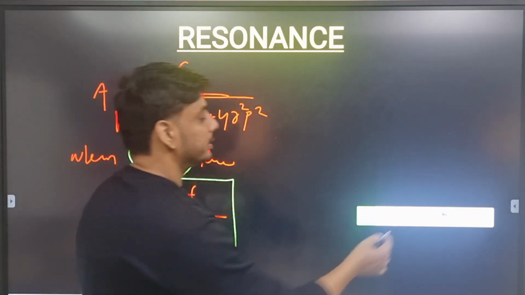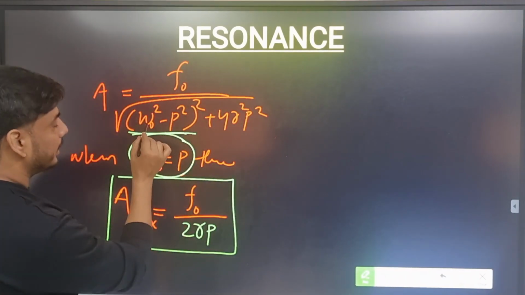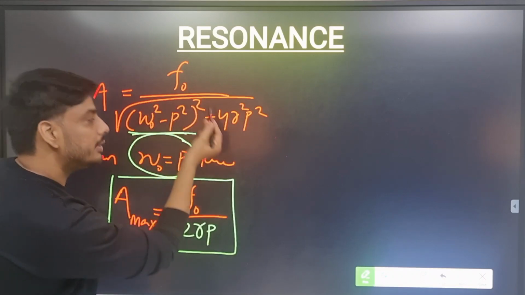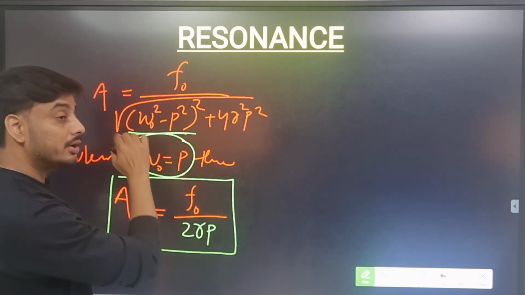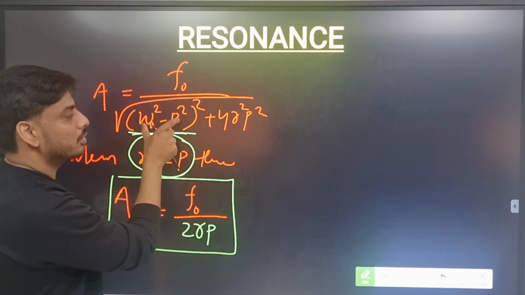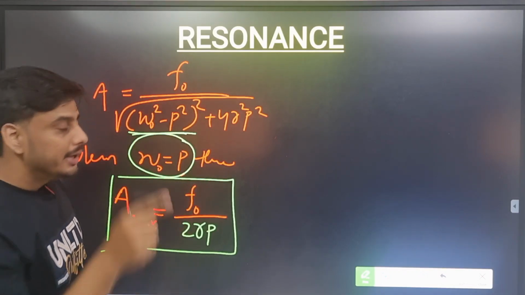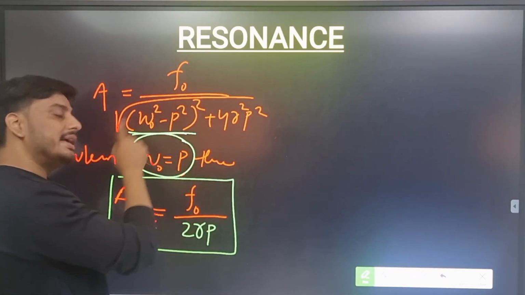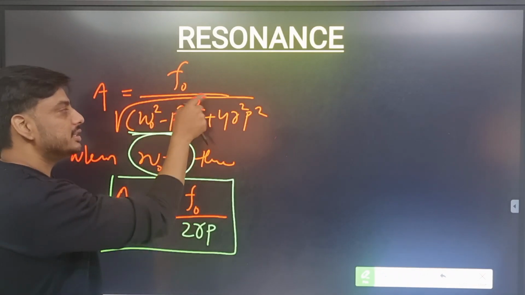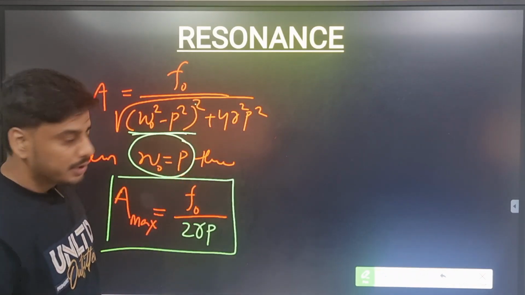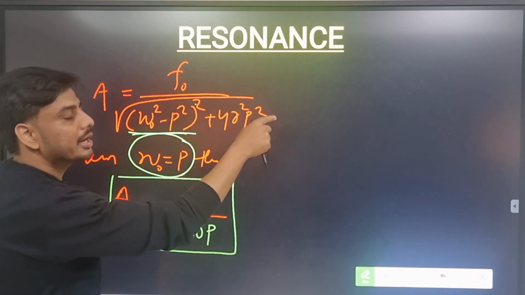Here you can see one more thing. When omega naught is greater than P, the denominator value will increase and A will be less. But when omega naught is less than P, then also, since this is a square root term, it cannot be negative, so it is some quantity plus 4R square P square.